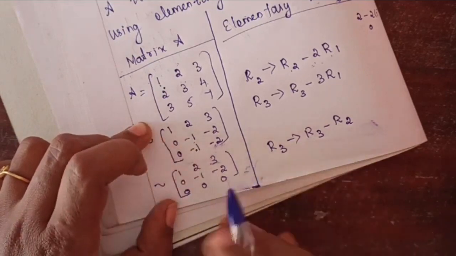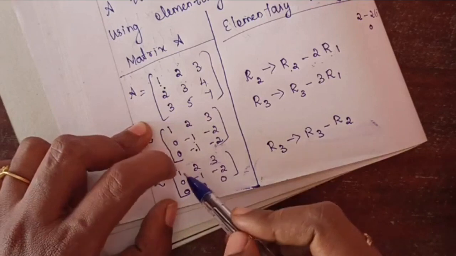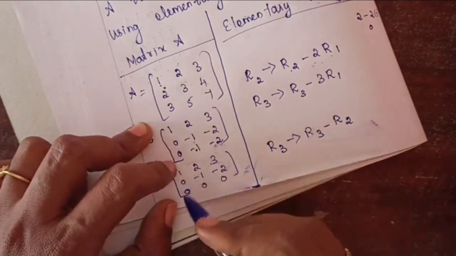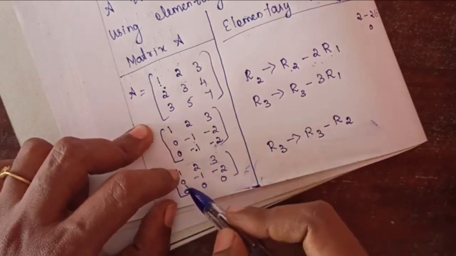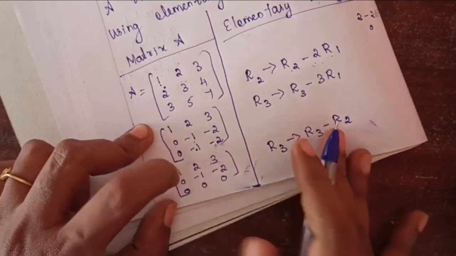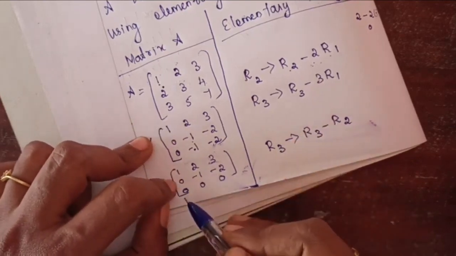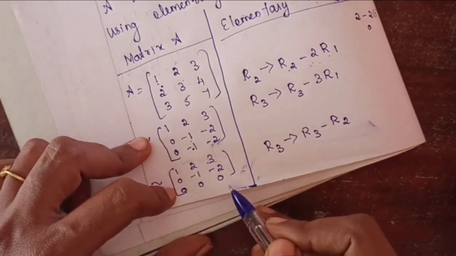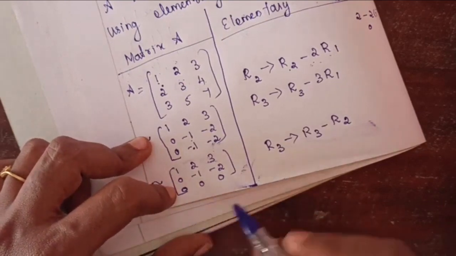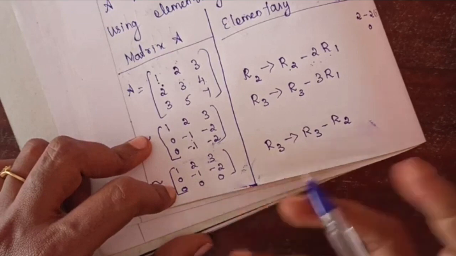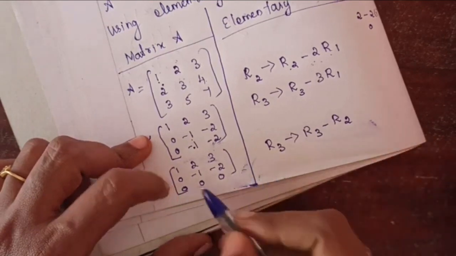Now we can check whether this matrix is in echelon form. That is, the first entry is 0. Then below this entry all the entries must be 0. Here in the second row only one entry is 0, but in the third row the 3 entries are 0. In some problems we can't make all the 3 entries 0.